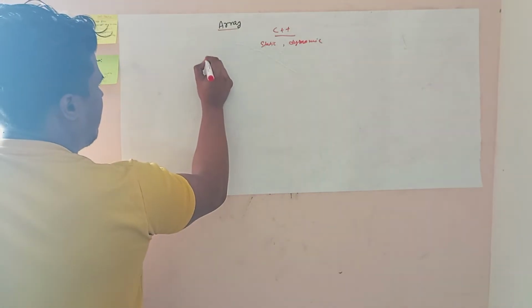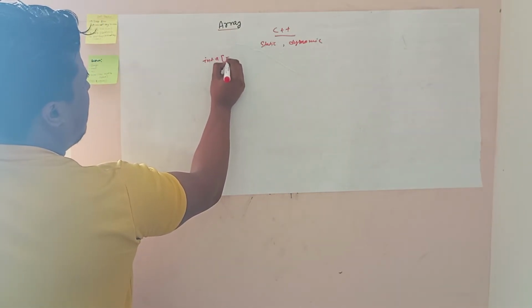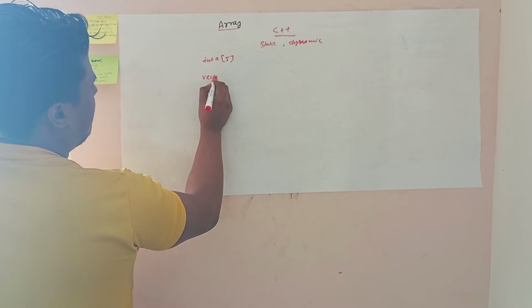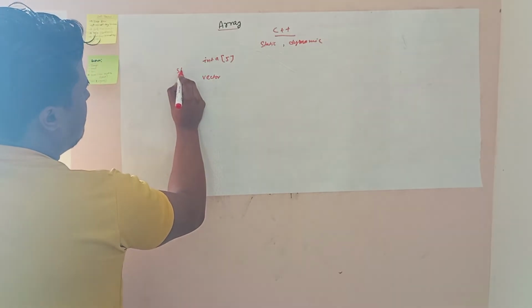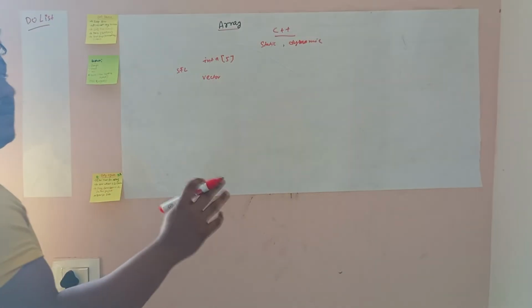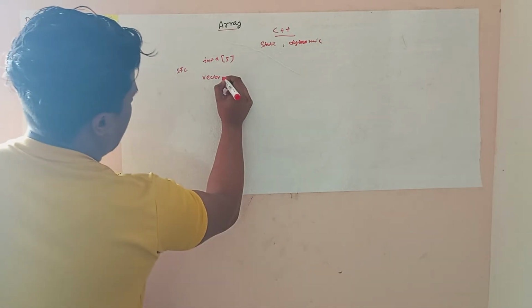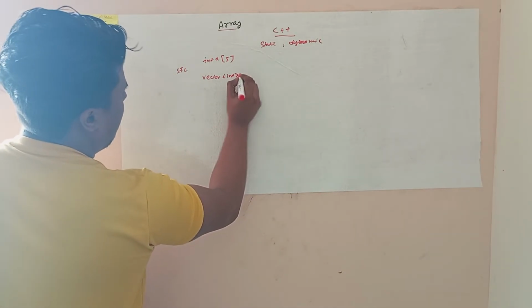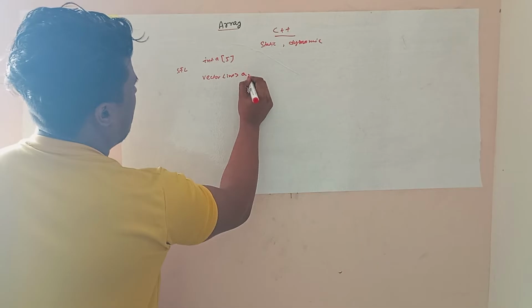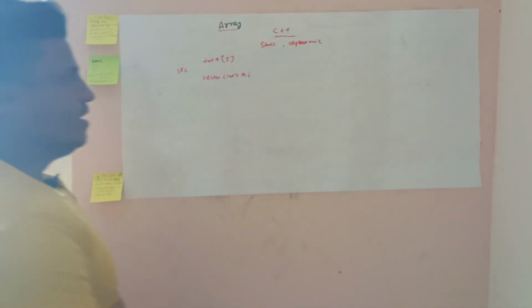If you define int a[5], it is a static array. Or if you define a vector, from the STL, the Standard Template Library of C++, that is actually a dynamic array.